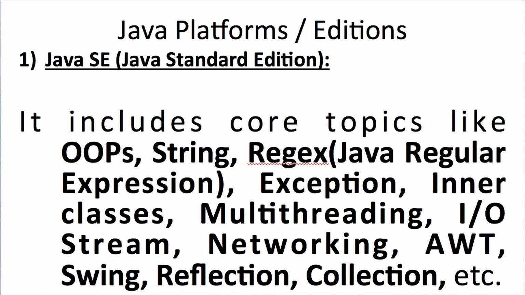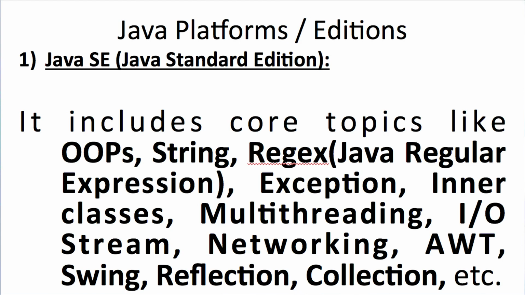You know Java Swing is for the development of GUI, for any form or frame, and we use Java AWT. Java collection is for including data structure functions using Java, we have the collection classes. So, we have these core topics under Java Standard Edition.